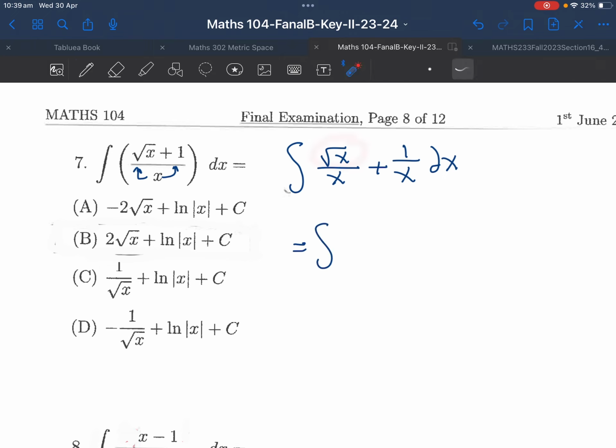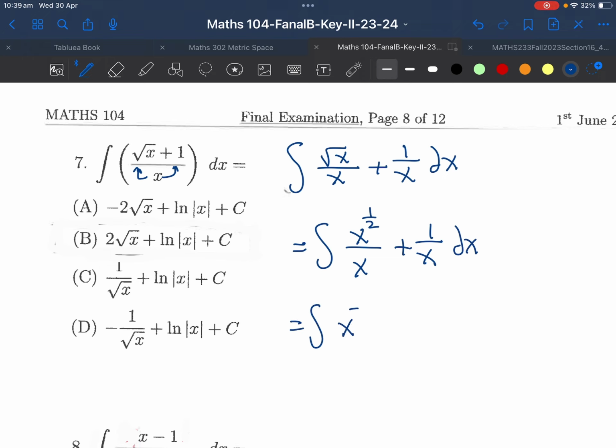Now, what is the square root? It will be x to the power half divided by x, plus 1 over x, which if we simplify it, it will be x to the power negative half plus 1 over x dx. Why negative half? Because this is half, this is 1. If we take it up, it will be negative 1.